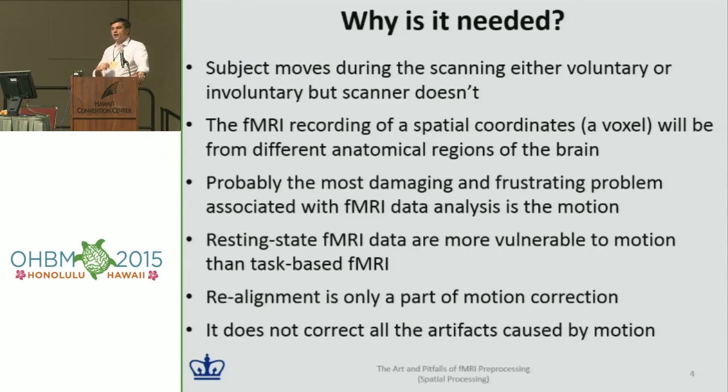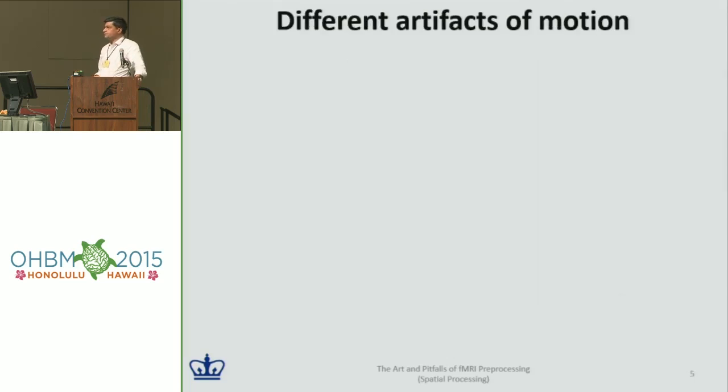So I call it one step toward correcting it, but it's not a motion correction, it's just a realignment. I always have this semantic argument with my students that they call this motion correction, but it's just a realignment, one step for motion correction. And it does not correct all the artifacts caused by motion, as I just mentioned.